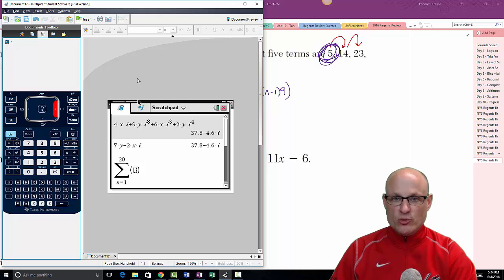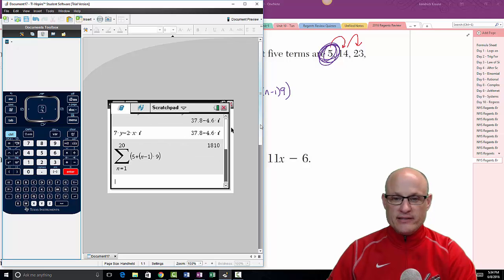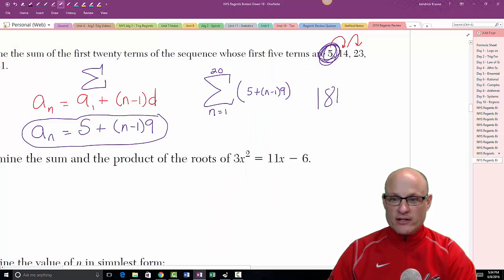Don't even use those parentheses. They don't exist. You create your own. It's 5 plus parentheses n minus 1 out of those parentheses times 9. Enter. 1810. There it is.